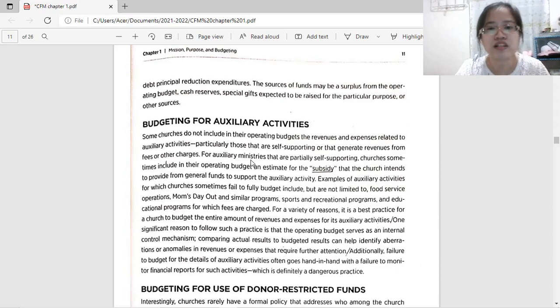That's why it's not included in the main budget. In the main budget, you mainly include activities that are usually done, can be anticipated, and you can tell how often it would be done.